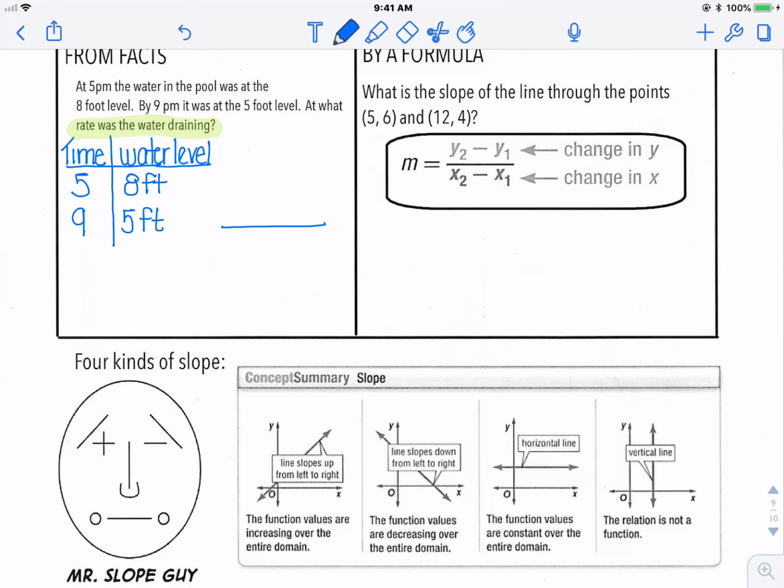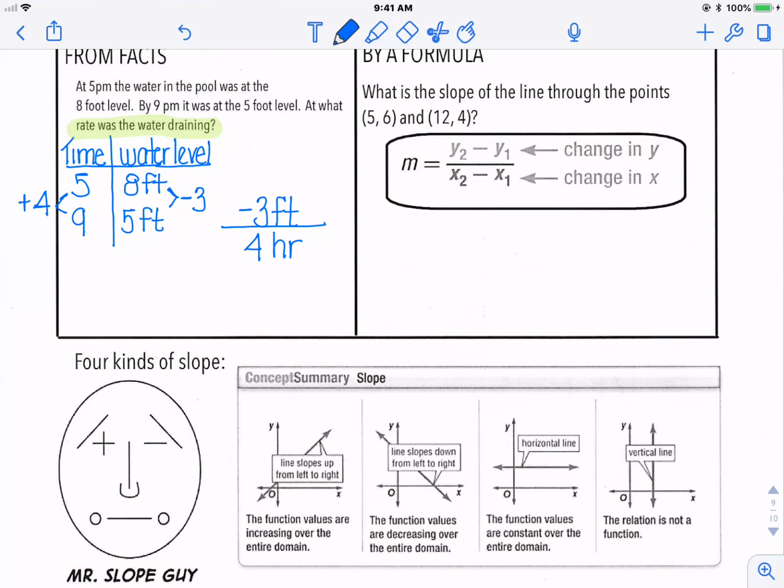And I know that I'm going to make a fraction where my change in y's, if I'm going from 8 to 5, then we have gone down 3 feet. So my change in y's is that we've lost 3 feet worth of water in the pool. But our x's, our time, is increasing by 4 hours.